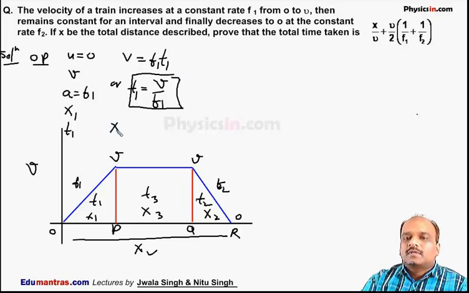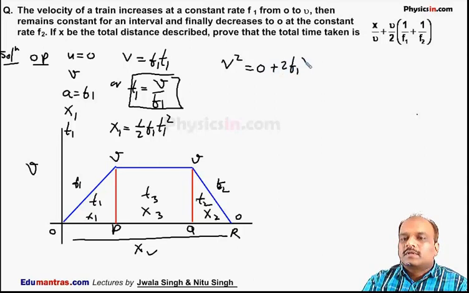Also x1 is equal to ut, u means 0, plus 1 by 2, a means f1, into t1 square. We can also say v square is equal to 0 square plus twice f1 into x1. So from here I can say x1 by v is equal to v by 2 f1. This is our second expression.